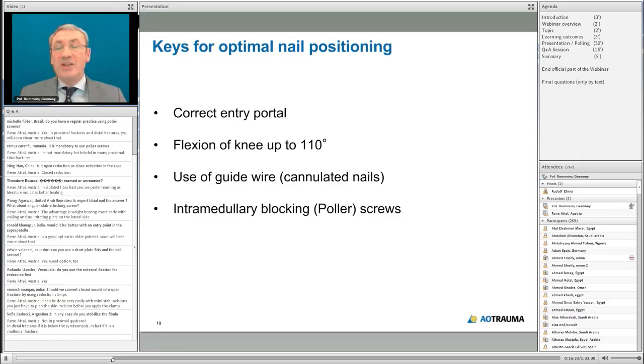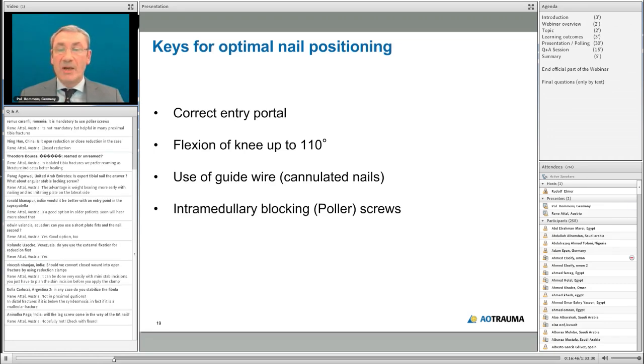Before we start the nailing procedure, we would like to draw your attention to some key points for optimal nail positioning. First of all, you have to choose a correct entry portal in order to avoid any malalignment. Knee flexion should be possible up to 110 degrees.